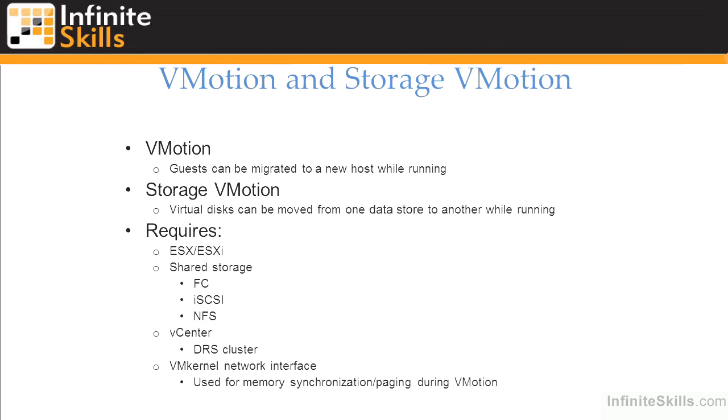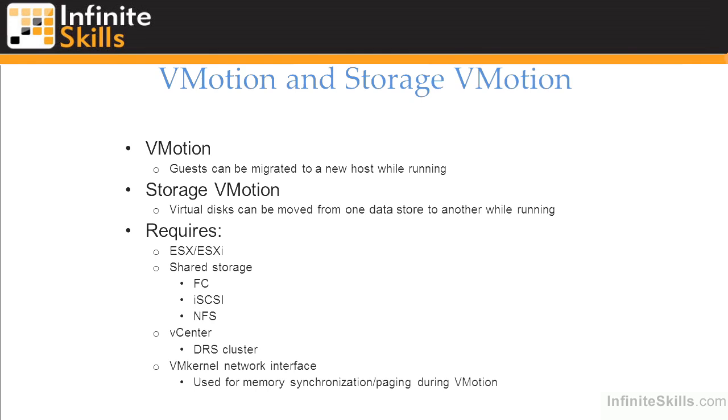We need vCenter in order to support vMotion, but in addition, if we're running the Enterprise edition of vSphere, we can use the Distributed Resource Scheduler to actually, based on all the performance statistics that are collected, make vMotion operations happen for us automatically to dynamically scale the workload across all the members of the cluster. And that just uses a specially designated network interface to specify where we want to actually copy those memory pages and make that synchronization happen.